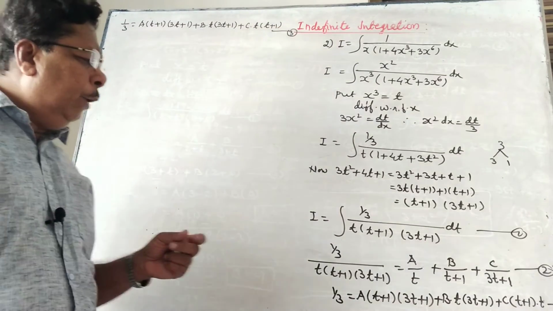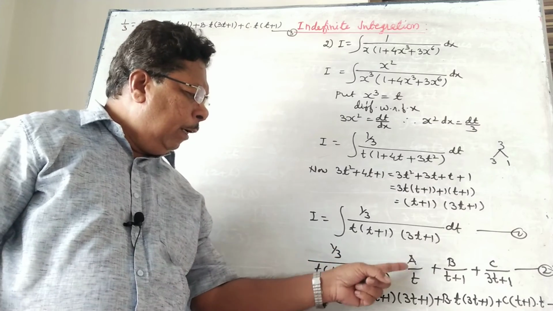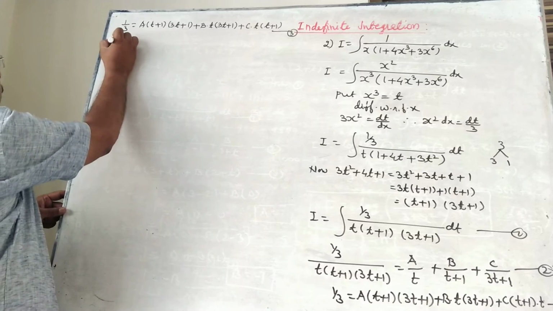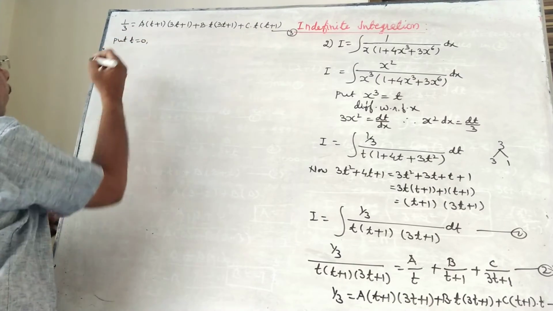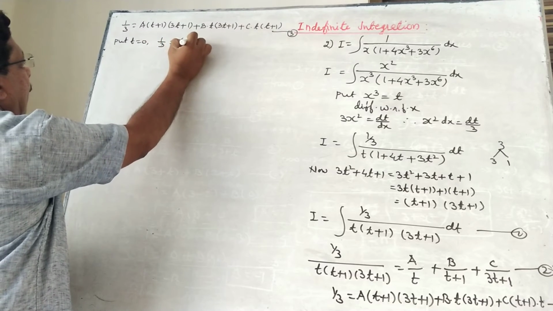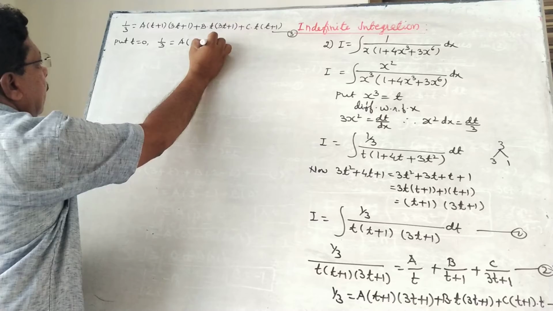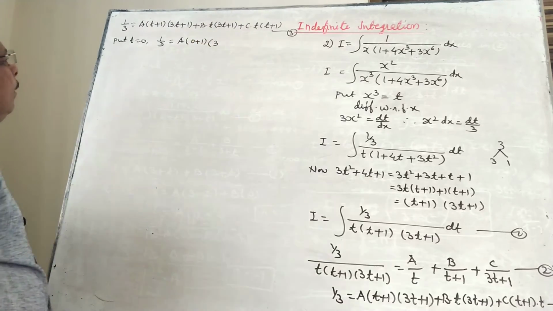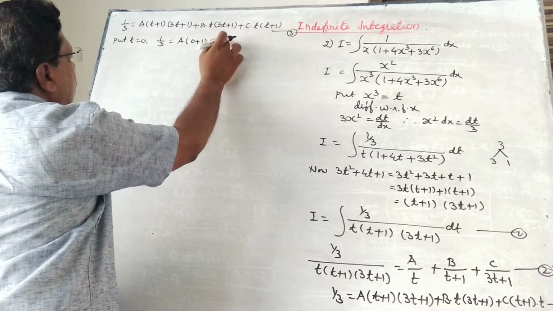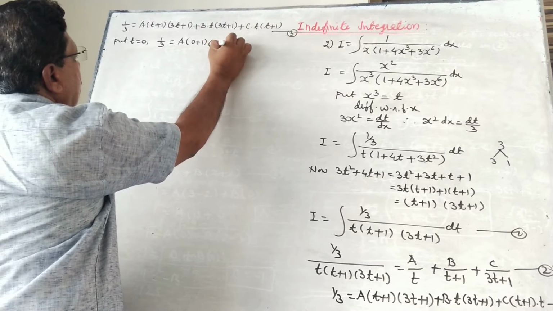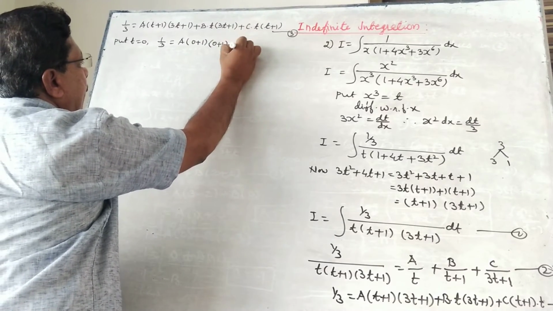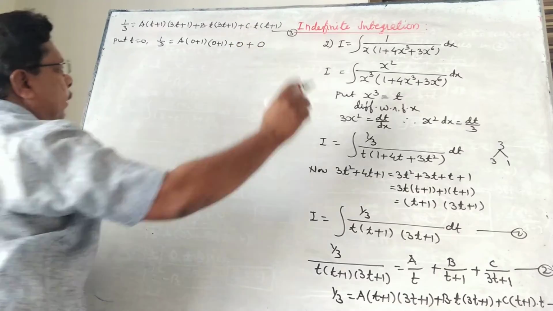Now in equation 3 we have to substitute the values of t. Denominator of a is t, so first put t equal to 0 in equation 3. Equation 3 becomes 1 by 3 is equal to a into 0 plus 1, 3 into 0 plus 1, plus b into t, where t is 0, so the second term is 0, and here also t is 0, so the third term is 0.